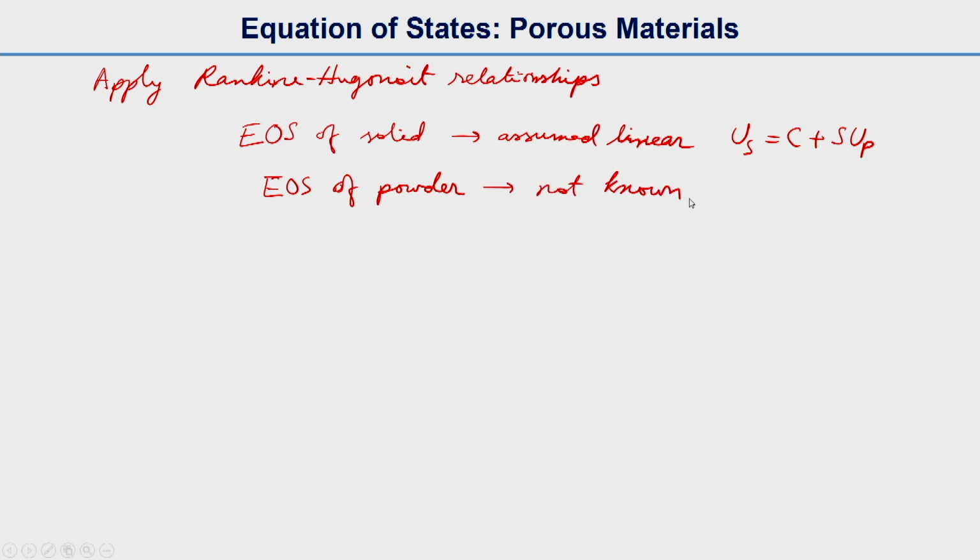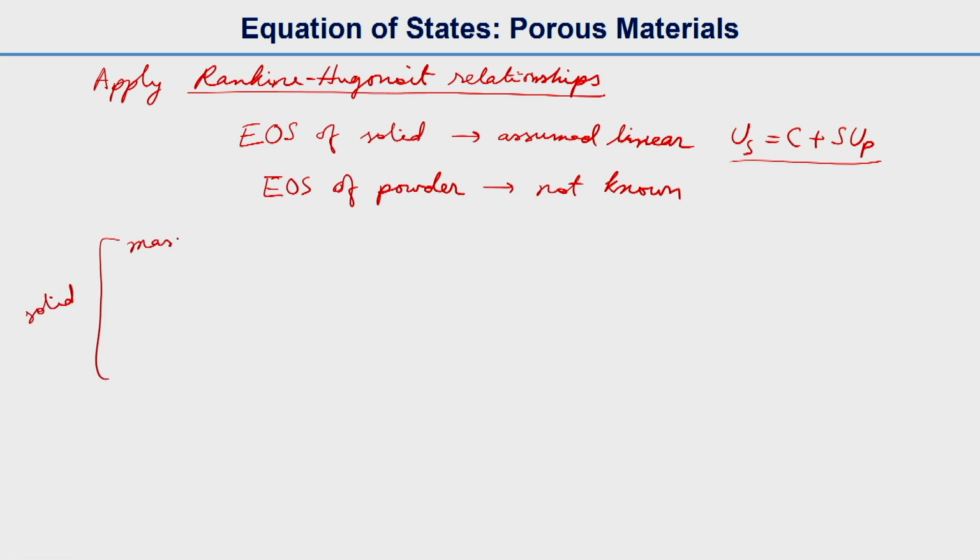So we want to know this US of powder. So you will apply the Rankine-Hugoniot relationships, and also we have the US of the solid. So for the solid we will write first.